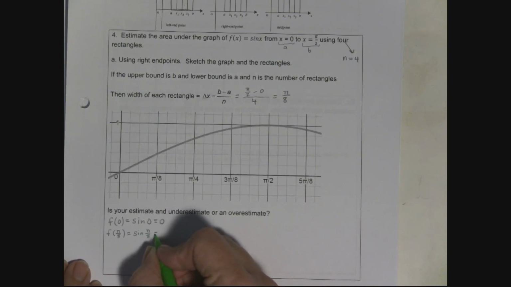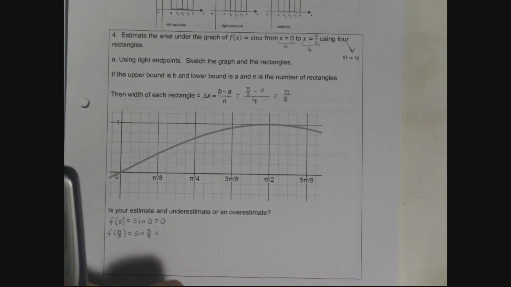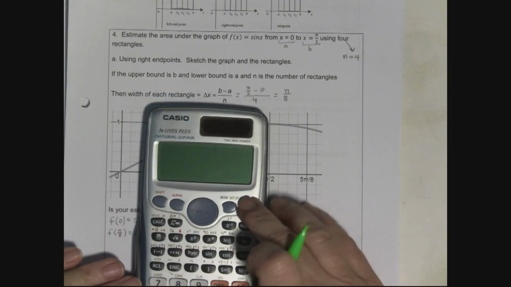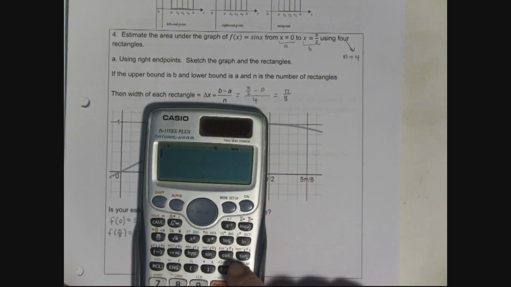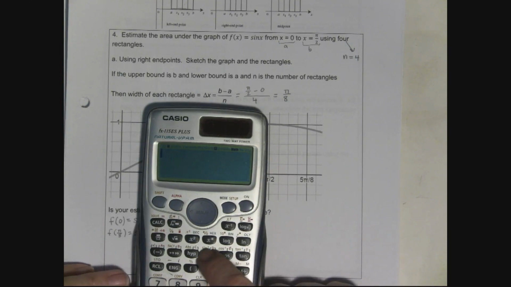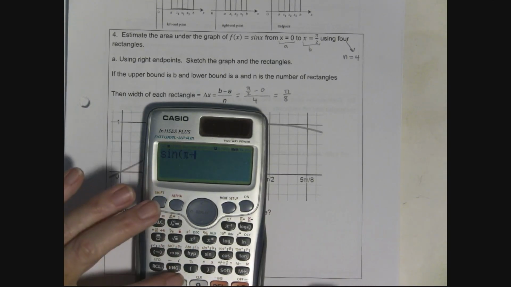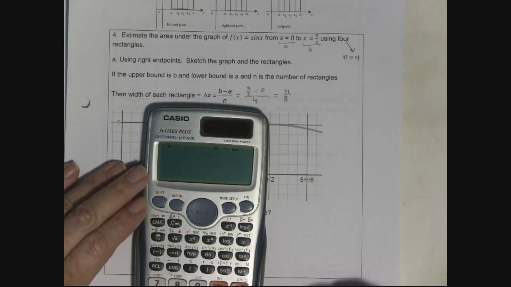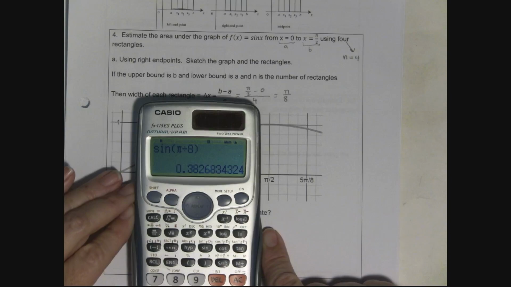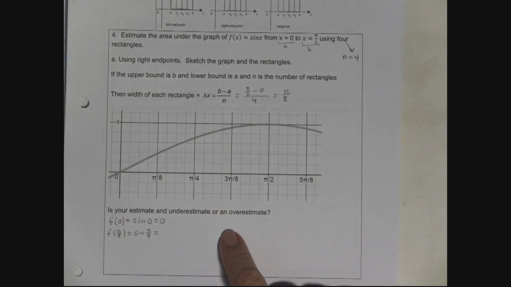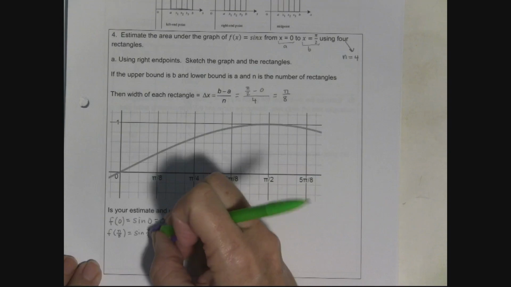Let's see what our calculator says about it, just for curiosity purposes. The width of our rectangles is pi over 8, so I'm going to be going by pi over 8 here. So sine and then pi over 8. Let's see what this calculator says about the sine of pi over 8. It says, ooh, it's a decimal. Okay, so I'm just going to leave it as pi over 8.